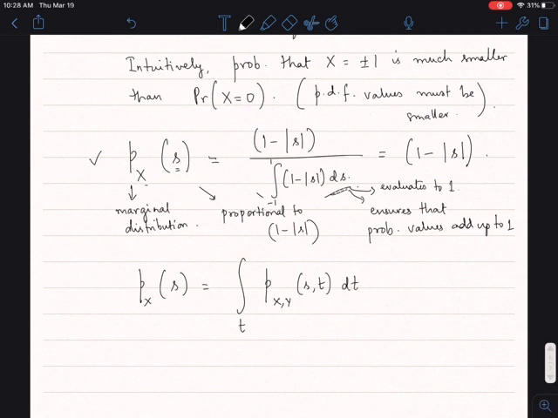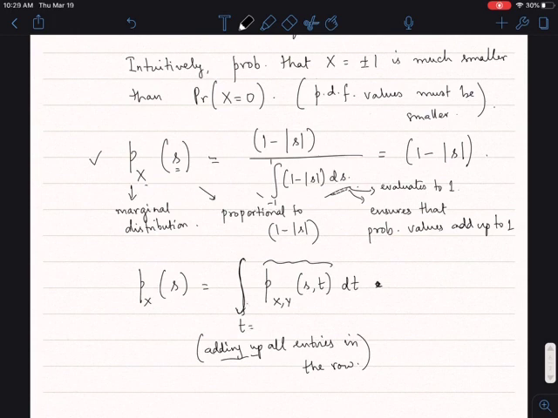Because this is how we define the marginal probability. We were fixing the row and adding up all the entries in the row. And this is a continuous random variable, so instead of adding up we are integrating. You can note that in our case P is actually a uniform distribution, so it's a constant, so you just get the length of this range.